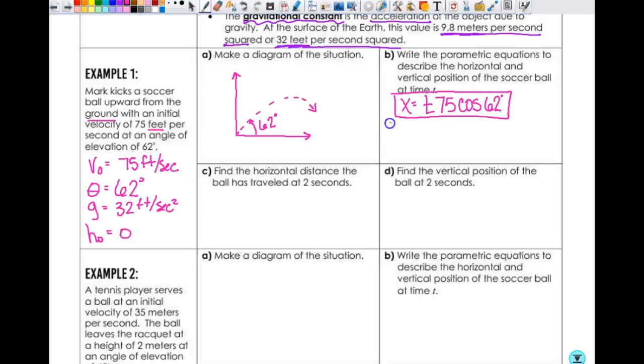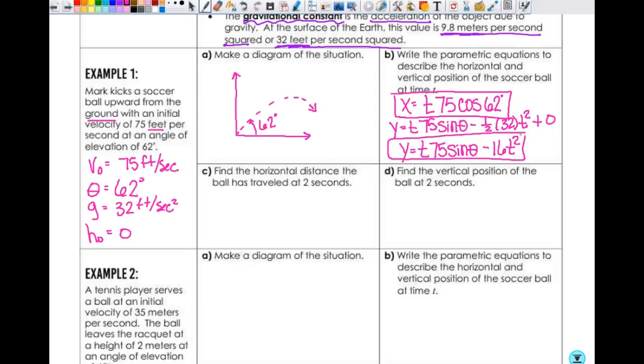Then y is going to be equal to t times 75 times the sine of theta minus 1/2 times 32 times t squared plus 0. That means that y equals t times 75 times the sine of theta minus 16 t squared. There's my equation for y.